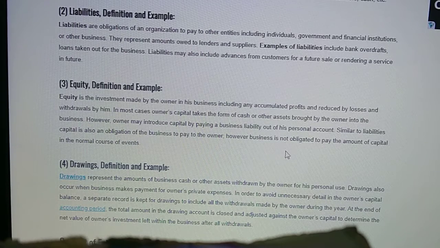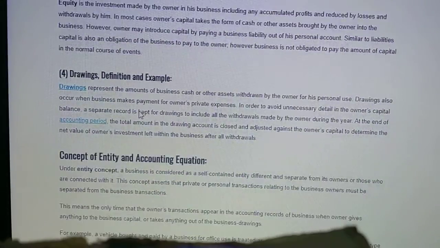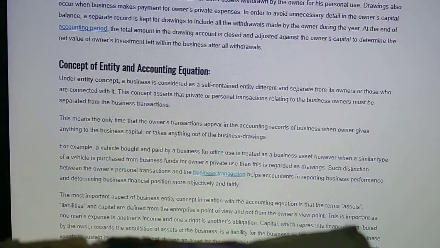However, the business is not obliged to pay the amount of capital in the normal course of events. Although we do not need to go into more depth, simply, if you are getting any kind of profit, your capital is going to be enhanced, or vice versa. Okay, so now we see some examples, then we can understand better.